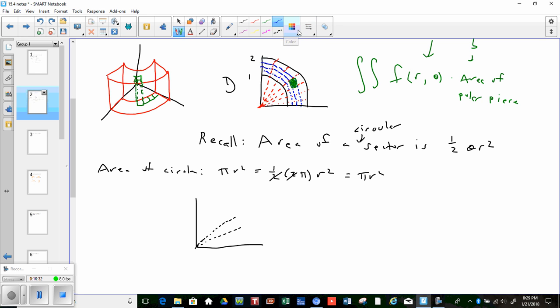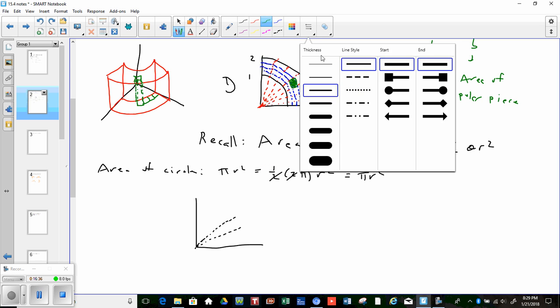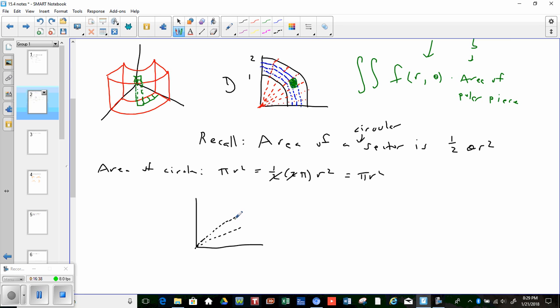What we're going to focus on is this piece right here, that region right there.